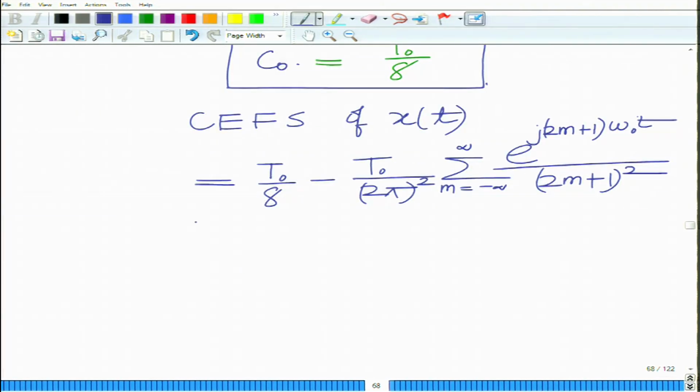So, this is the CEFS of the original periodic triangular wave.